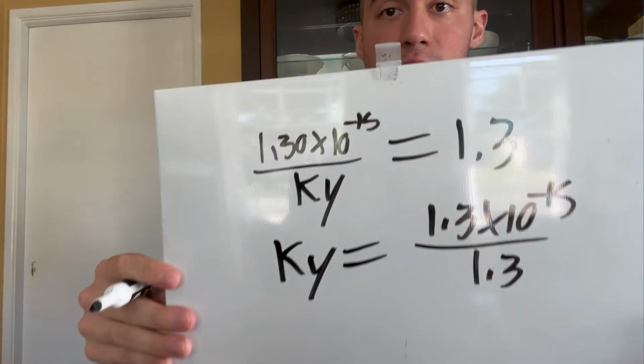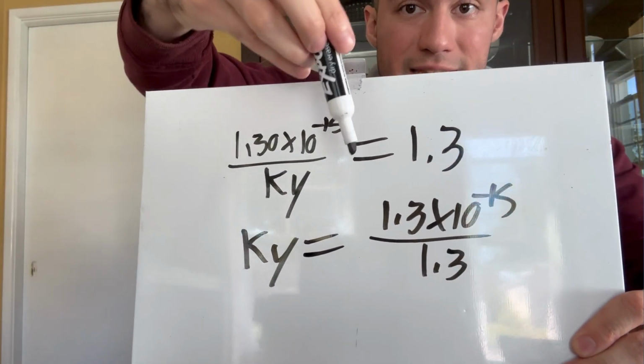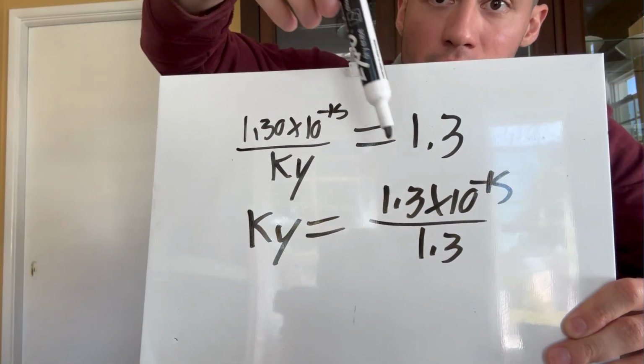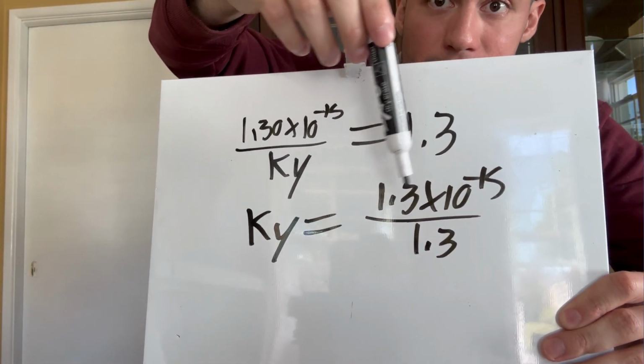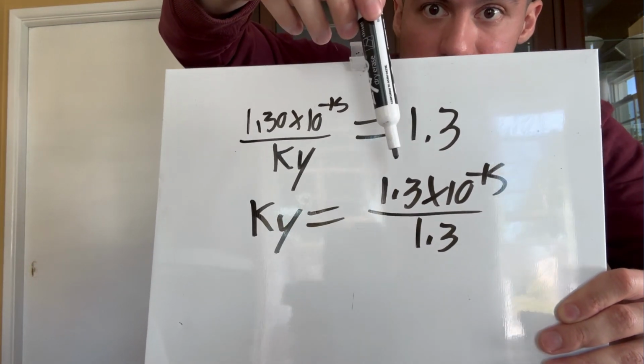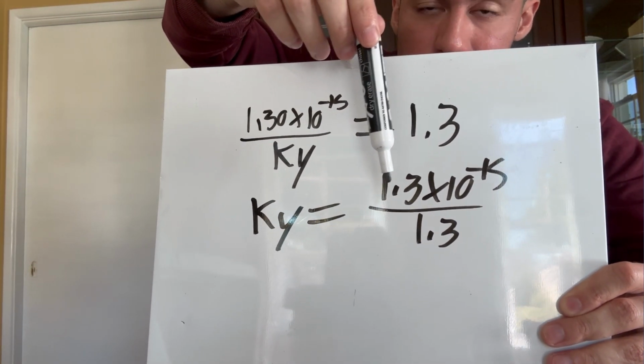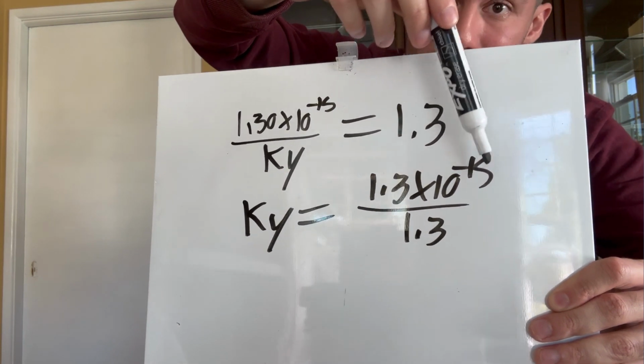This algebraic manipulation. So Ky is going to equal 1.3 times 10 to the negative 15th divided by 1.3. This is the manipulation that I'm talking about. So we're going to take that and divide it by that. Now, keep in mind that we have 1.3 as a numerator. The numerator is the beginning portion of the number, and then the exponent is the later part.